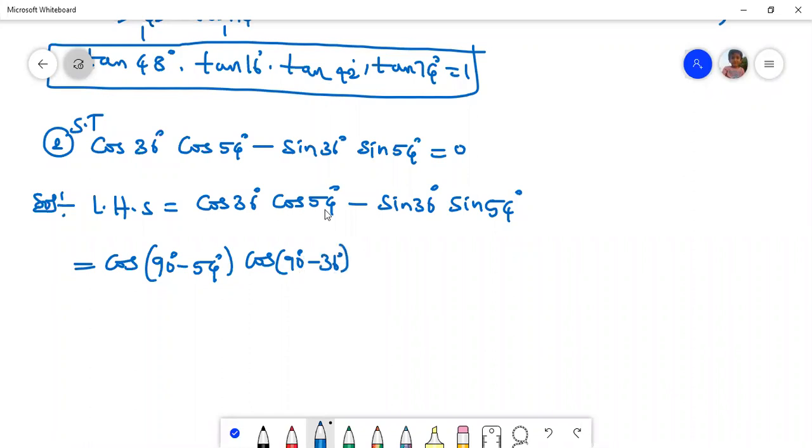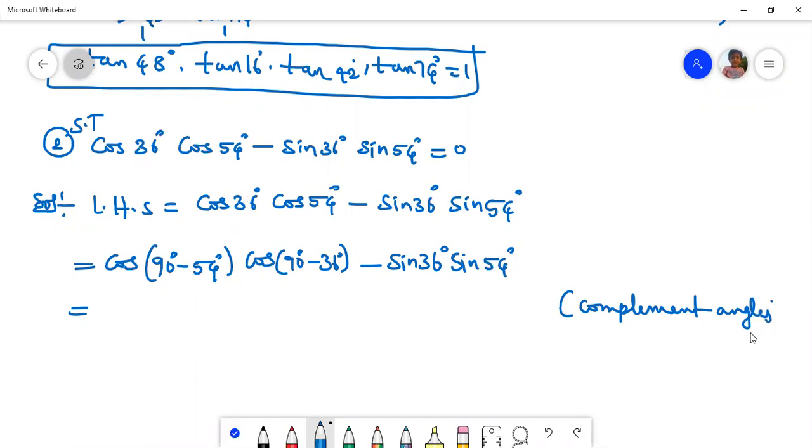Just subtract, you get 54. Subtract these two, you get 36. The remaining second term we write as it is, sin 36 degrees sin 54 degrees. It is equal to, from the complement angles, cos of 90 minus x is sin x, so we get sin 54 degrees sin 36 degrees minus sin 36 degrees sin 54 degrees.